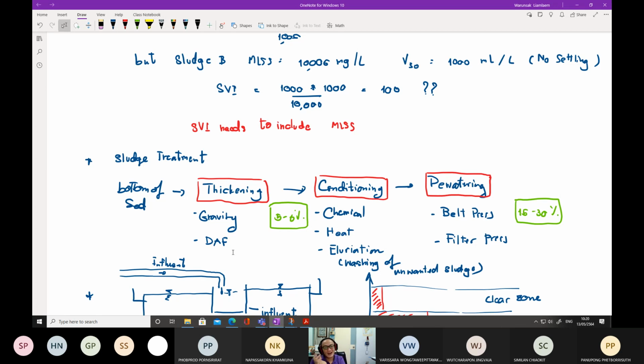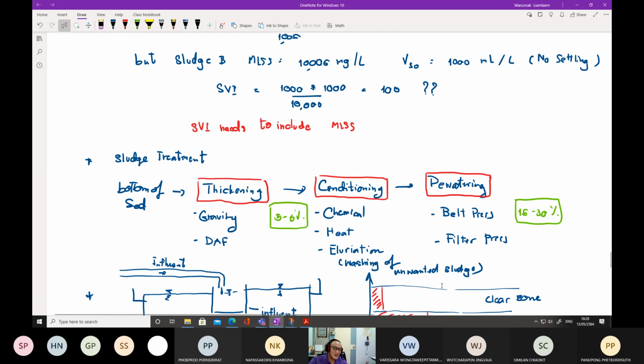So there are two types of thickening process used. For chemical conditioning, we can use chemicals as I mentioned, or we can use heat, or the last one is actually not conditioning, but a process where we use clean water, tap water basically, to wash the unwanted sludge.